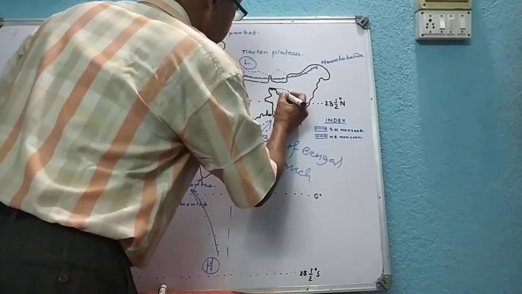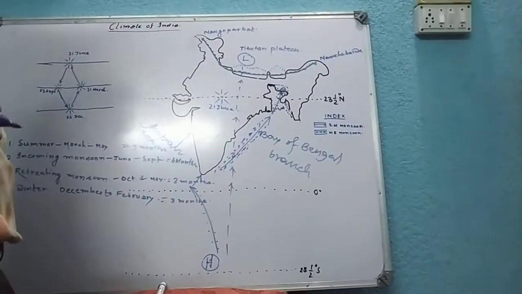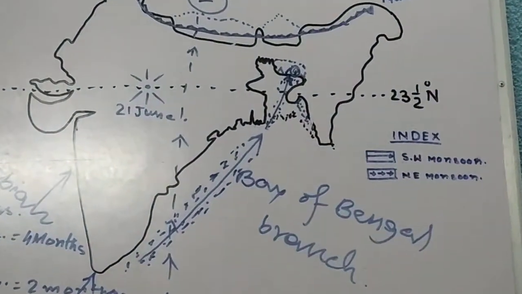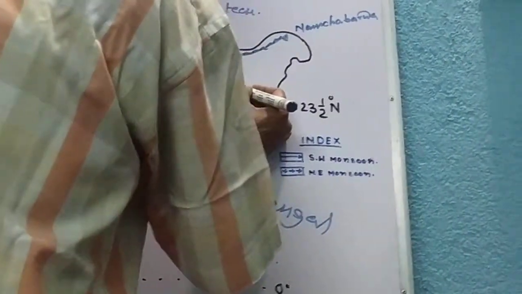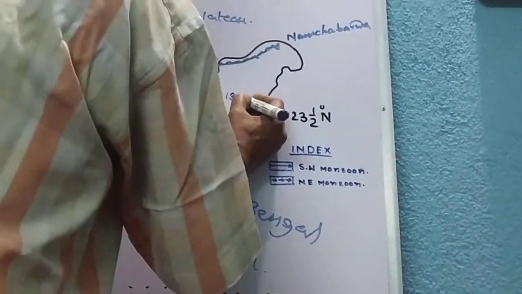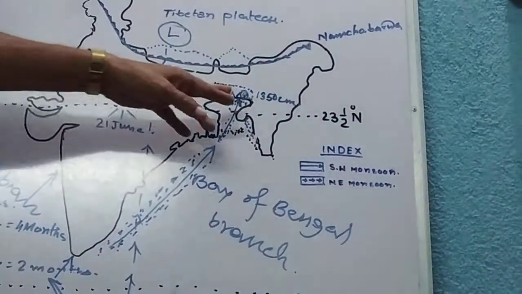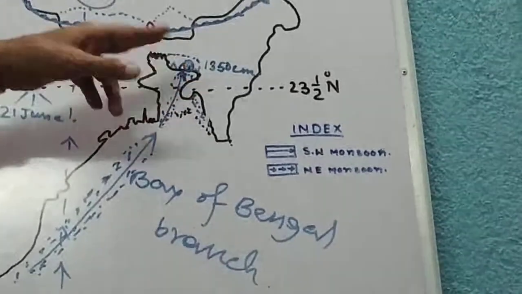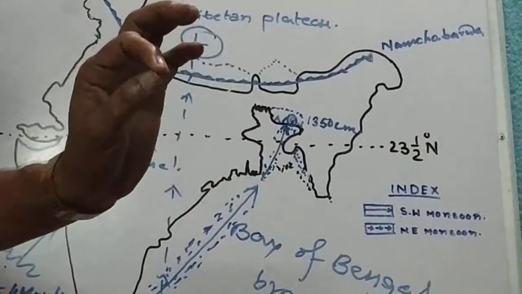Cherrapunji and Mawsynram receive the largest amount of rainfall in the world, which is near about 1350 centimeter. 1350 centimeter annual rainfall is received by the southern part of the Meghalayan plateau.